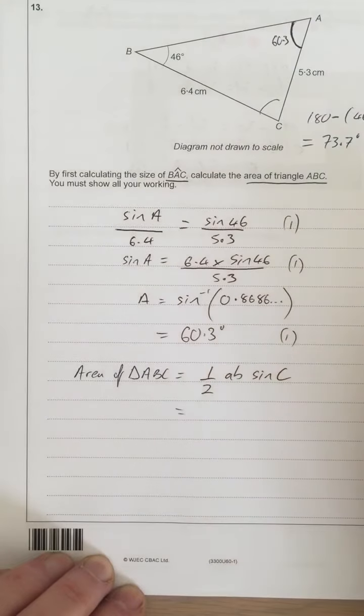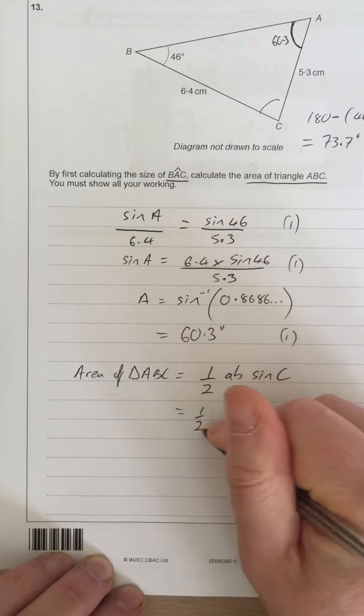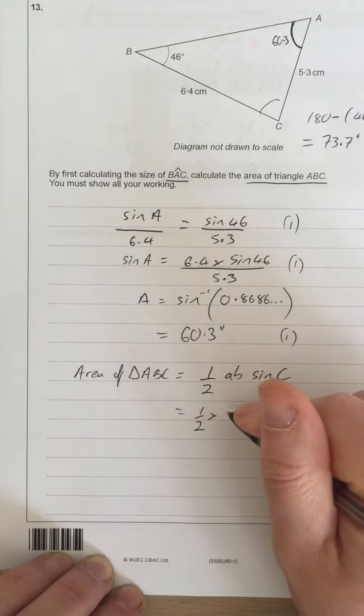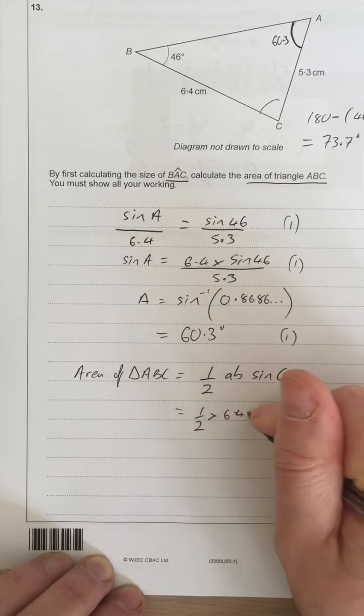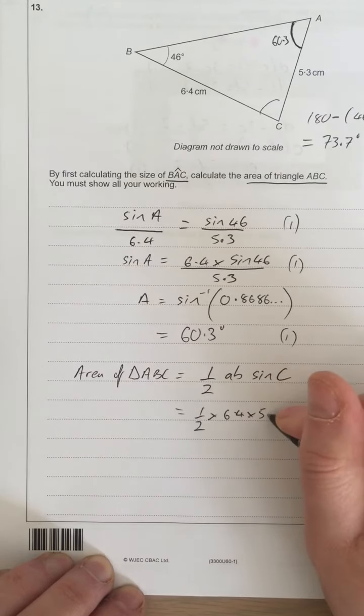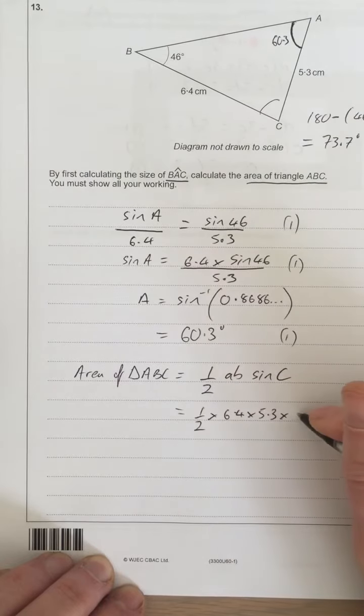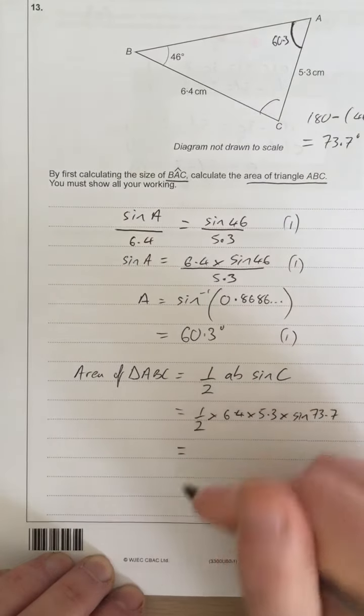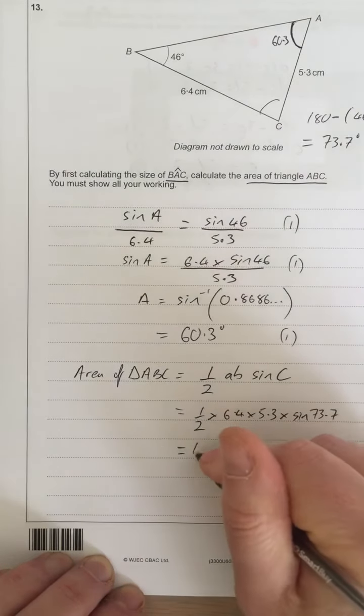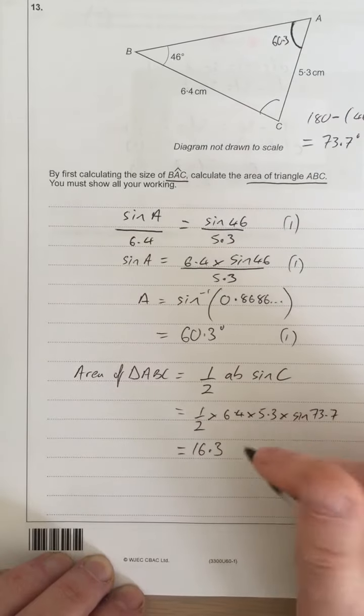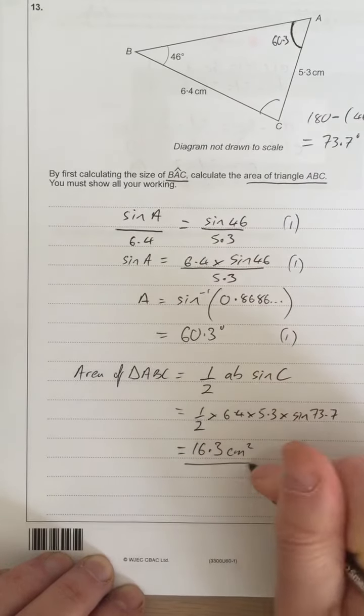So that's the angle we're going to use. So we've got a half times 6.4 times 5.3 times sine of 73.7. Typing that onto your calculator, 16.3, and it's an area, centimetres squared.